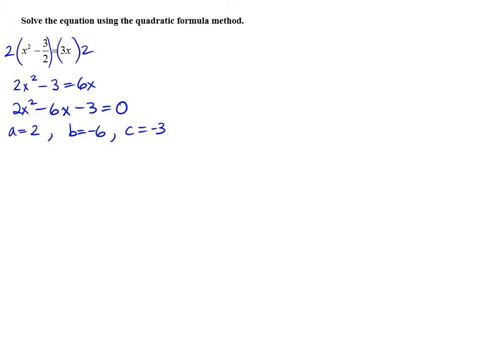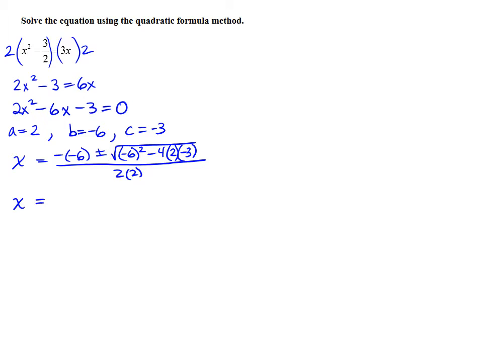Now, plugging these values into the quadratic formula, we'll get x equals negative 6, because we want negative b, plus or minus the square root of b squared, or negative 6 squared, minus 4 times a, which is 2, c, which is negative 3, and that is all over 2 times a.